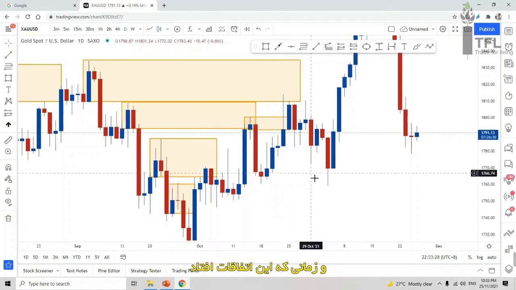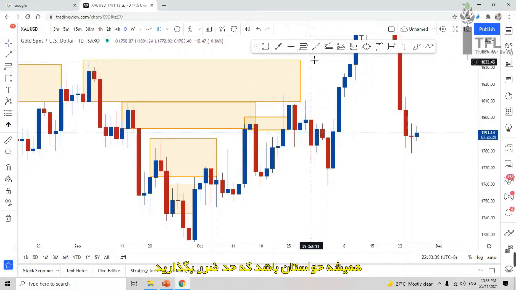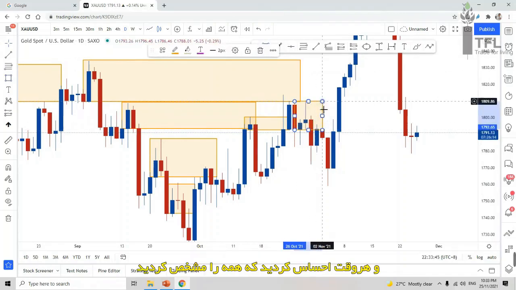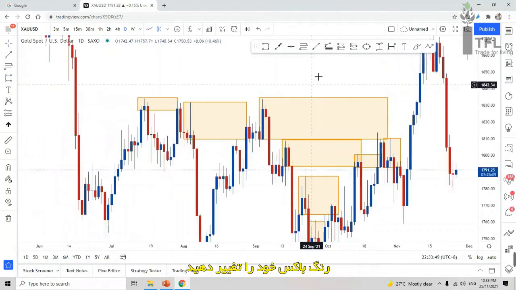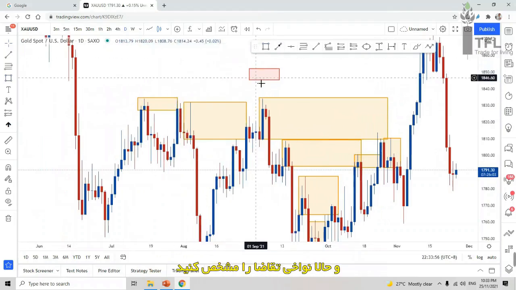So when this happens, you must always have a friend, and you can use this friend for free. That is called a stop loss. Always remember to place your stop loss. So you define all your supply zones. Then once you feel satisfied, you change the color of the box to another color, maybe red.